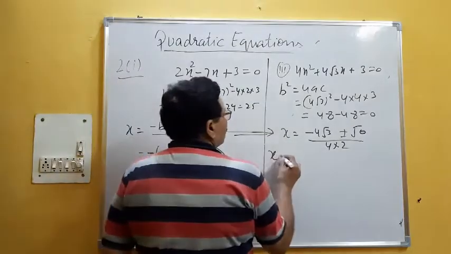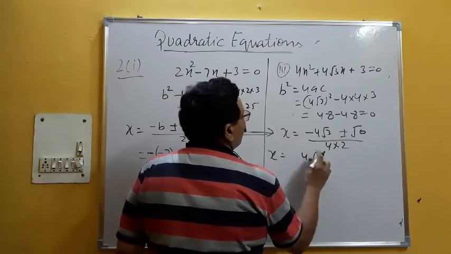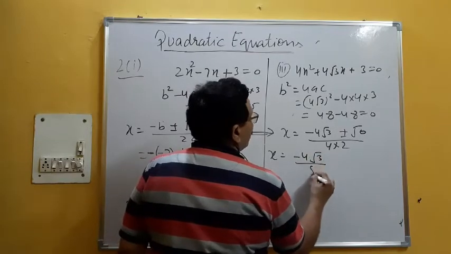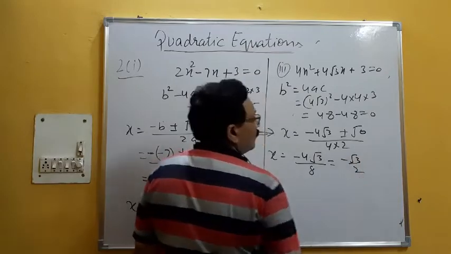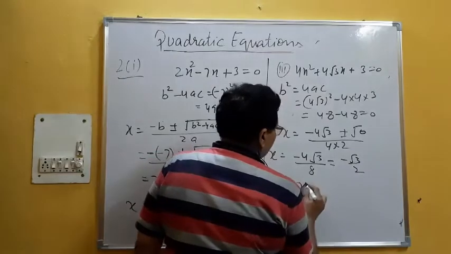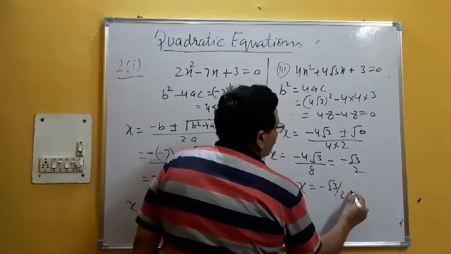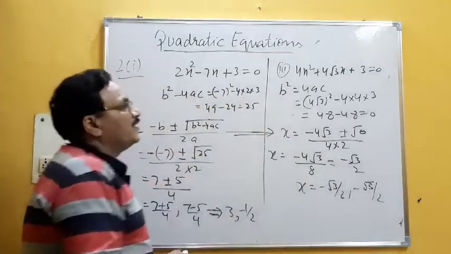So what you get? x equal to minus 4 root 3 upon 8. When you solve it, you will get minus root 3 upon 2. You remember what the answer was there? So you will write x equal to minus root 3 by 2, minus root 3 by 2. This is the correct way of writing the answer.